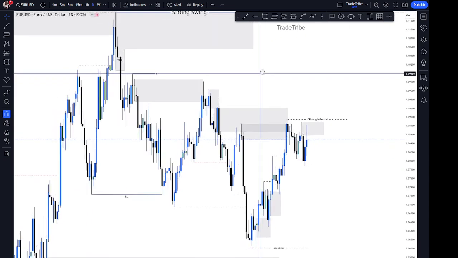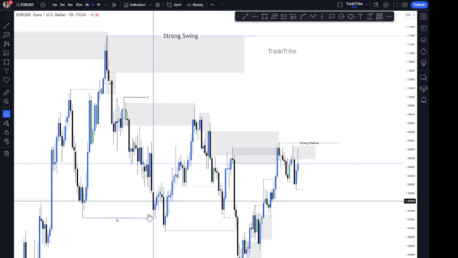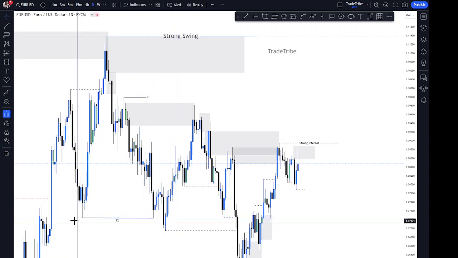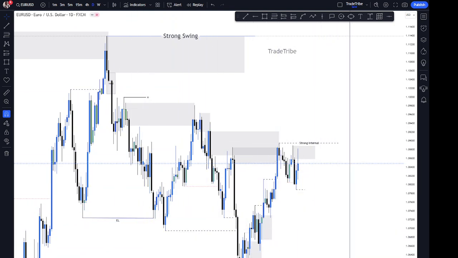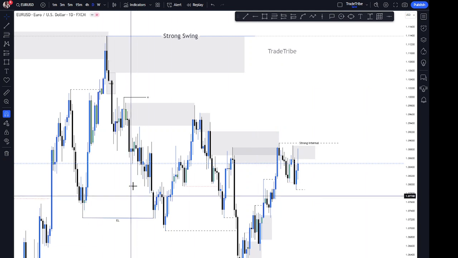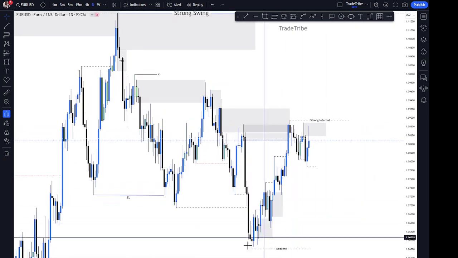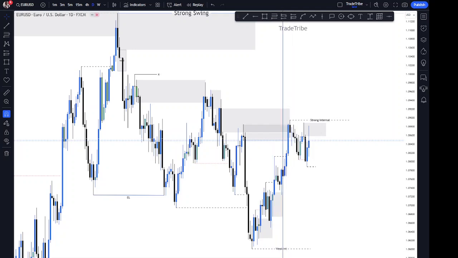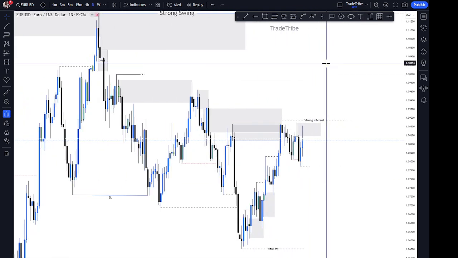What shows that is the different breaks of structure: the internal is bearish, but the swing structure is bullish. So we are looking forward to mitigating the supplies that are left below here before we continue the normal trend.